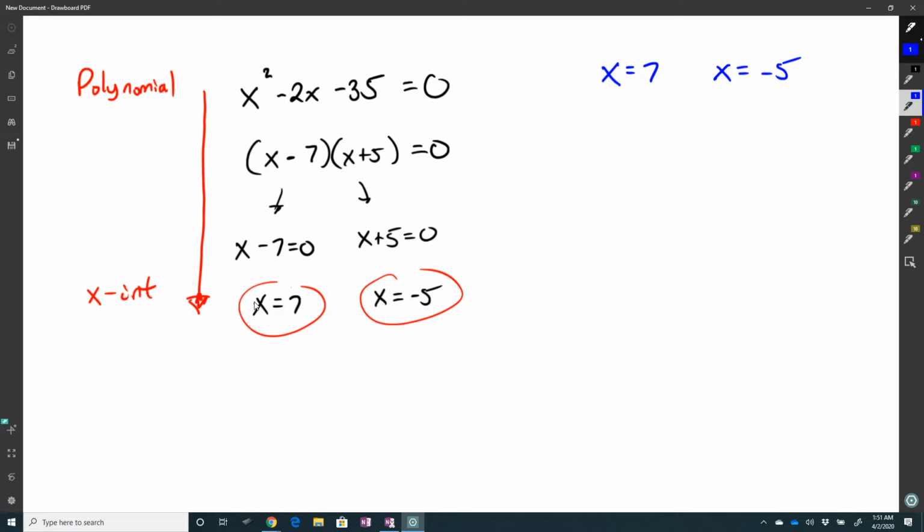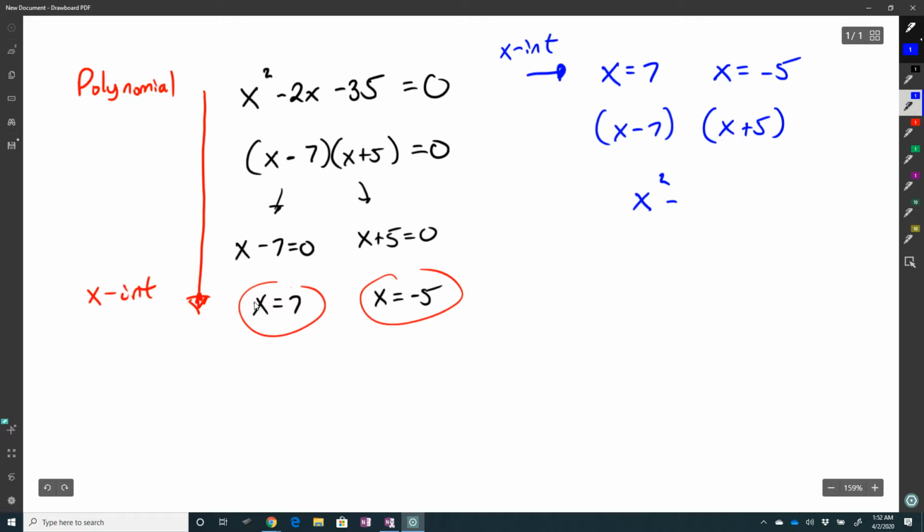If x equals 7 is an x-intercept, that means x minus 7 is a factor. If negative 5 is an x-intercept, that means x minus negative 5, or x plus 5, is a factor. I can multiply the two together, and that gives me x squared minus 2x minus 35. So we can go from x-intercept all the way to polynomial.